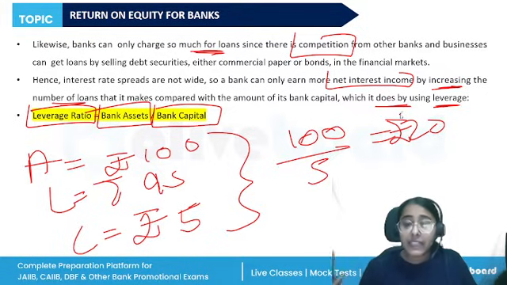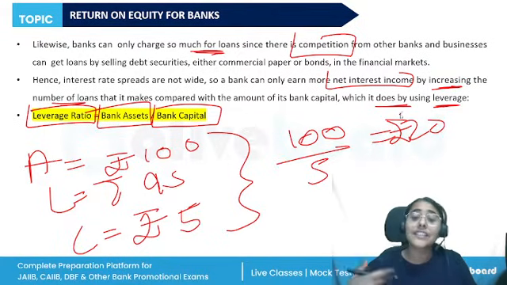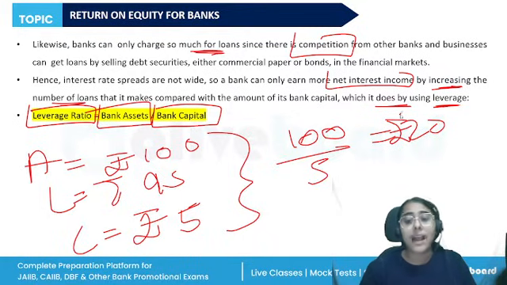This will mean that if the value of its assets drops by just 5%, then the bank's capital will be wiped out. So, to protect the safety of the banks, the regulators also restrict the amount of leverage that the banks can have. And this is what happened with the subprime mortgage crisis in the USA, right?